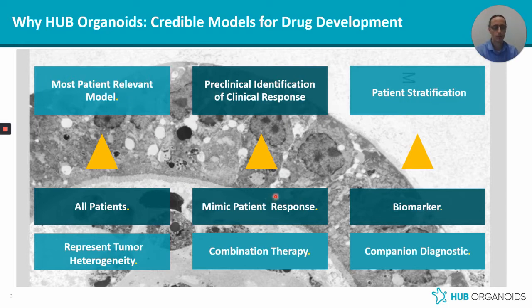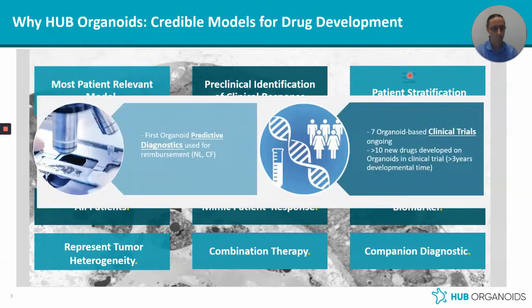In addition, it's been shown that patient-derived organoids correlate quite well with the patient response in the clinic, and we can test combination therapies on these organoids as well, meaning that we can use them for preclinical identification of clinical response. Furthermore, we can use them as companion diagnostics, or do a large amount of characterization of the organoids, meaning we can use them for biomarker discovery, in the end leading to a better patient stratification to treatment and personalized care.